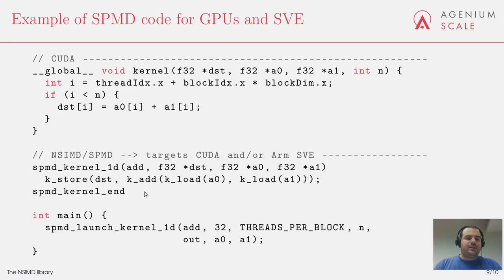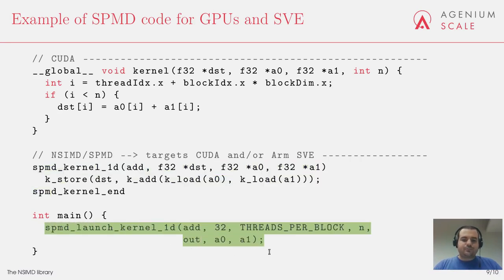But it is basically the same as the above CUDA kernel. You take your inputs, you load the values from memory, you add them, and you put the result back into DST. And I put the main function so that you can see how to call this kernel. This is this line. And you find all the parameters that you have when you launch a standard CUDA kernel. And as I said, this C++ DSL allows NSIMD to target both CPUs and GPUs with performance.